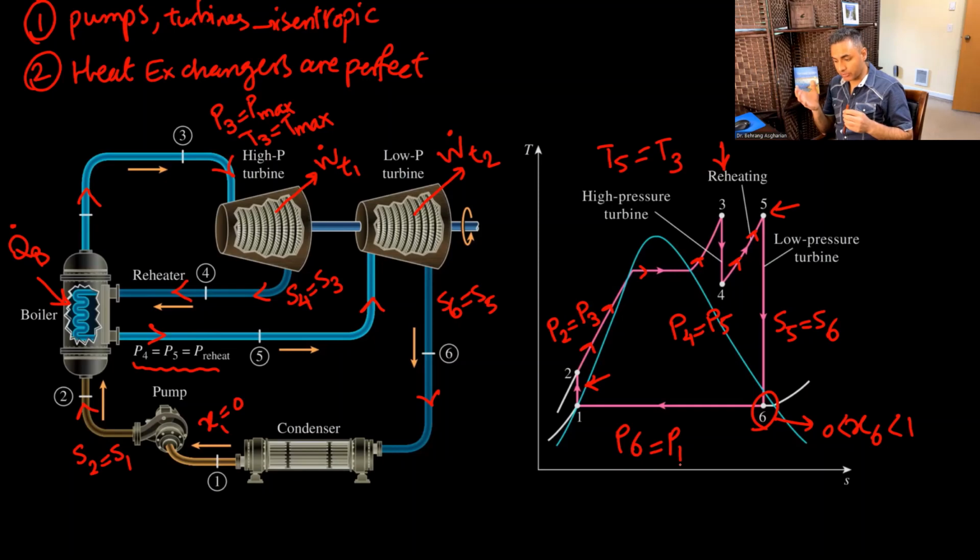Basically three pressures when you think about it. You need the pressure at state 1, you need the pressure at state 2, you need pressure at state 4, right? So I need this pressure here, pressure 1. I need this pressure here, pressure 2, pressure 3 is the same. I need the low pressure turbine, and of course, I need the temperature here at state 3.